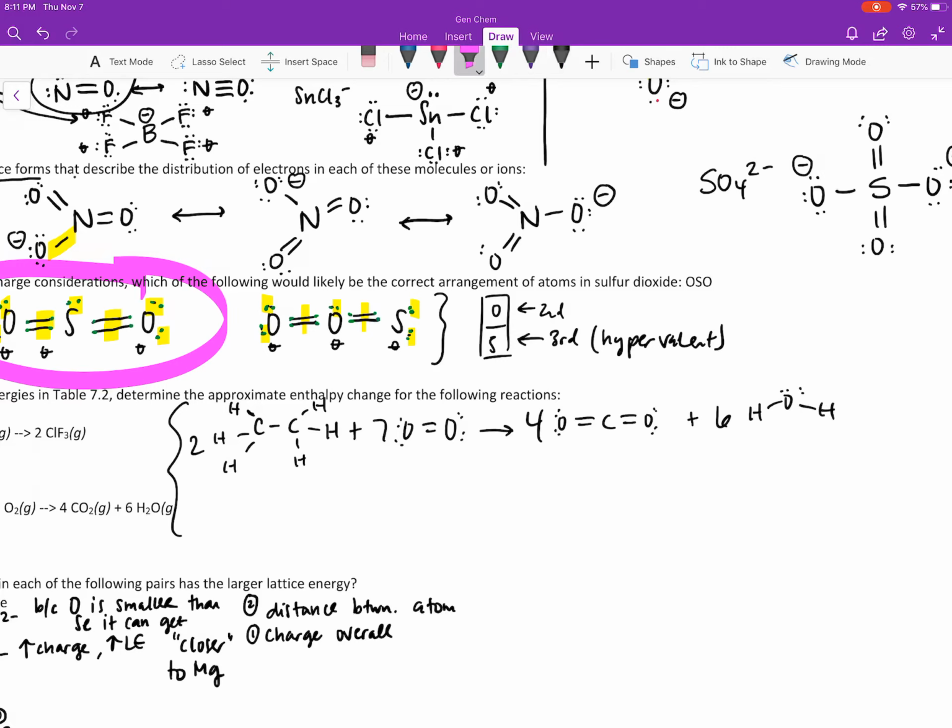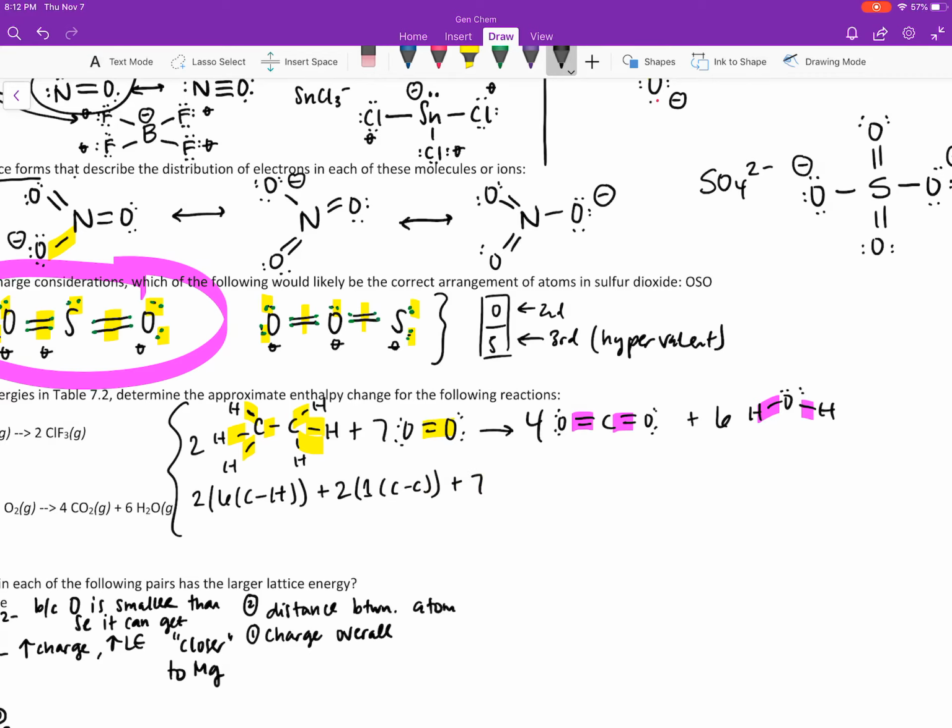Okay, so if we think of making and breaking, I'm going to make these bonds, and I'm going to break all of these. So when I look at the math, that's going to be 2 molecules of C2H6. Each is going to have 6 CH bonds that need to break, plus in the 2 molecules I also need to break 1 carbon-carbon bond.